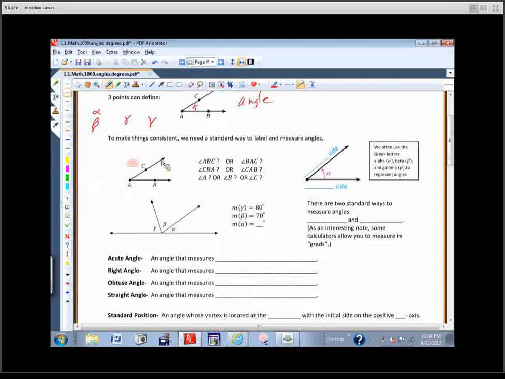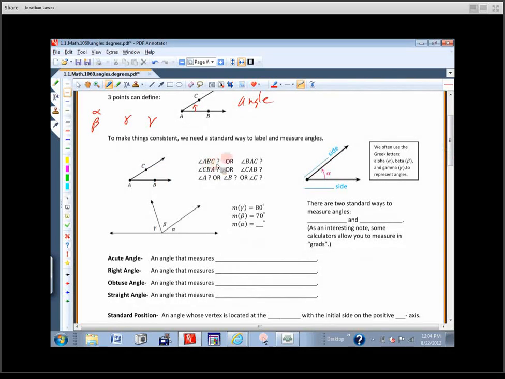So if we were looking at this angle right here, would we label it as ABC or BAC? CBA? CAB? Angle A, angle B, or angle C. So, does this work? Why doesn't this one work? It's out of order. This right here, that is the vertex.